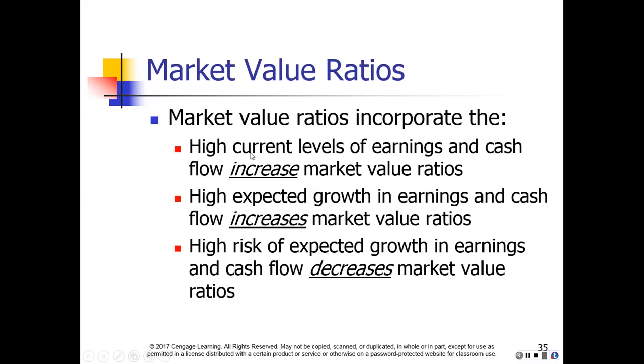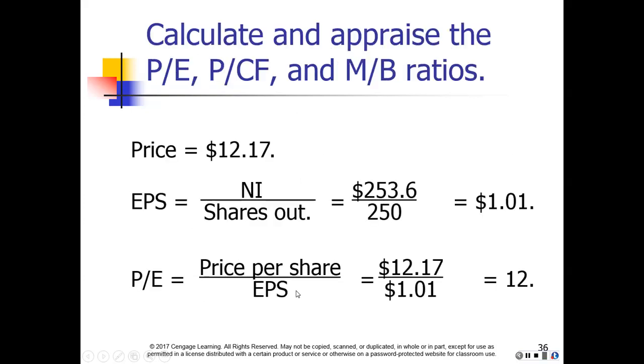So having high levels as well as high growth in earnings and cash flow will increase market value ratios. High risk for expected growth in earnings will decrease market value ratios, because market values are based not just on the levels of cash flows in the future, but also on the risk assessment of those cash flows.